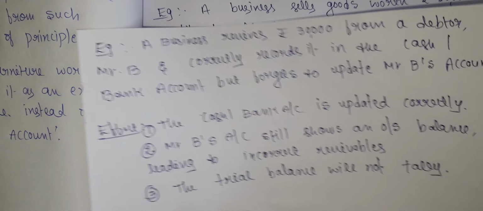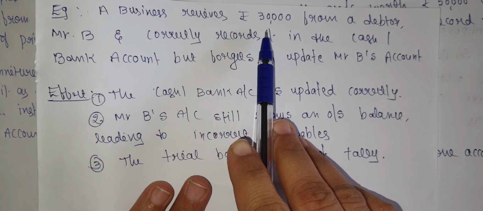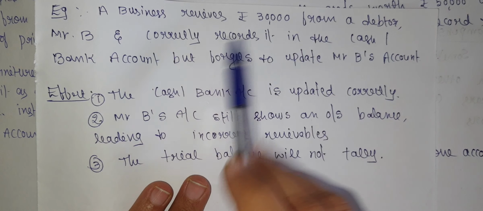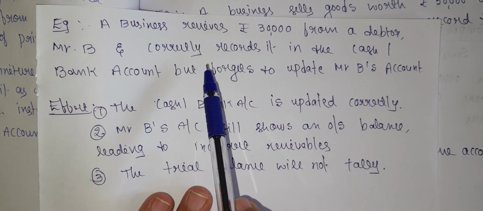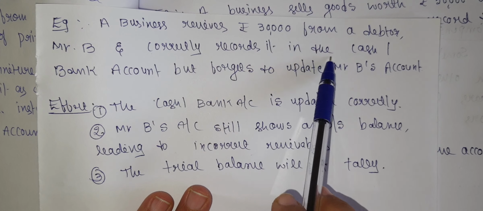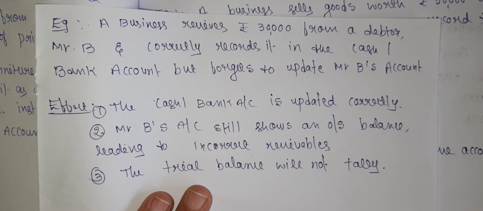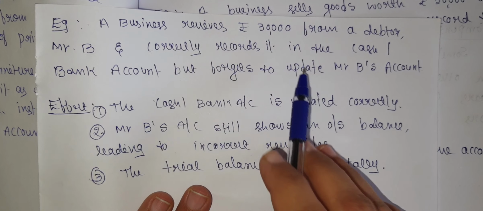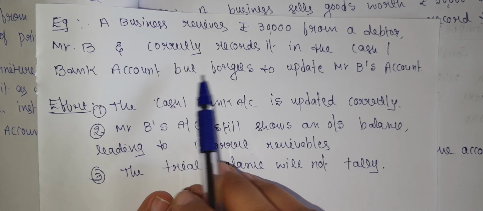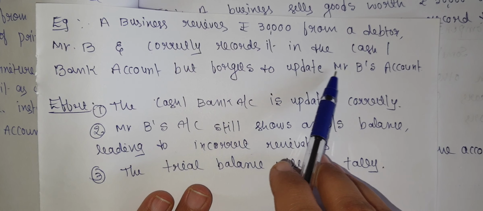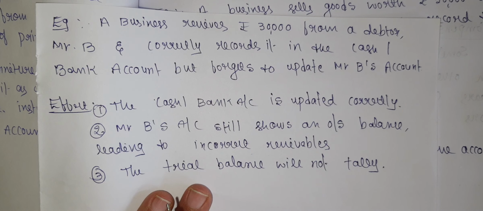See the example. A business receives rupees 30,000 from a debtor, Mr. B, and correctly records it in the cash or bank account. Means in one account they updated correctly, in the cash or bank account, but forgets to update Mr. B's account.